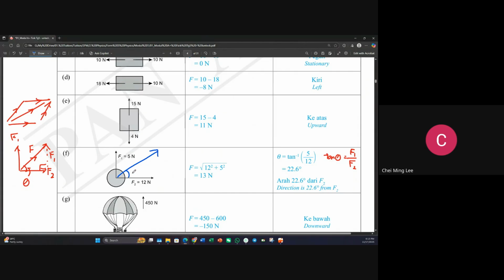To get this angle, you can use tangent theta equals F1 over F2. Shift tangent 5 over 12 gives 22.6 degrees from F2. You must mention from where. Okay, this is important.